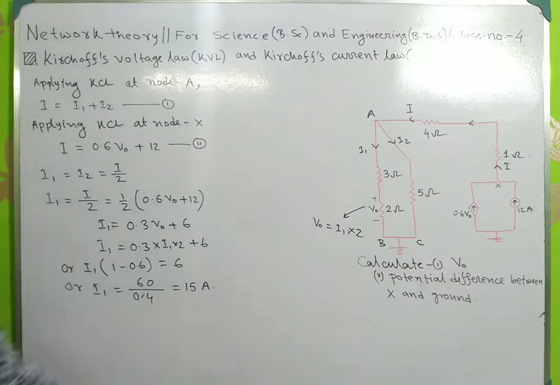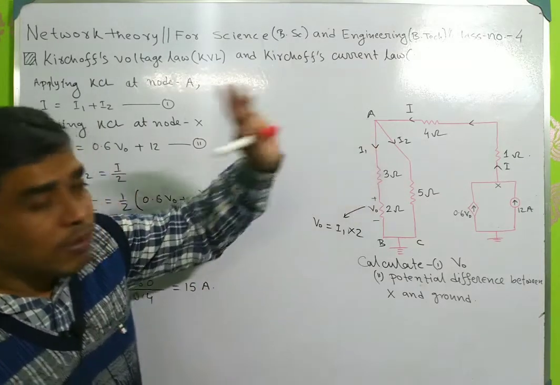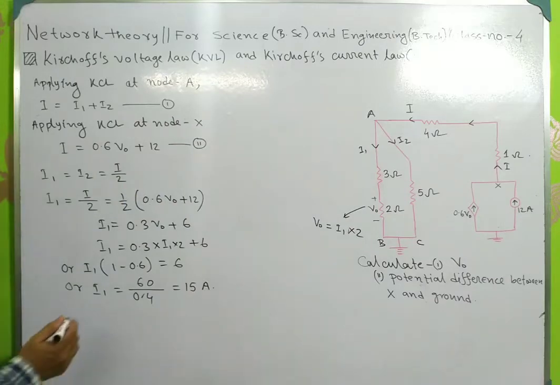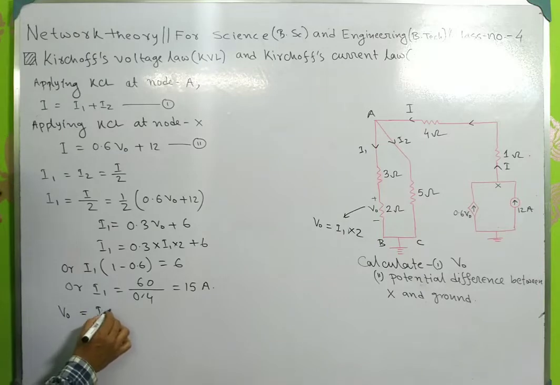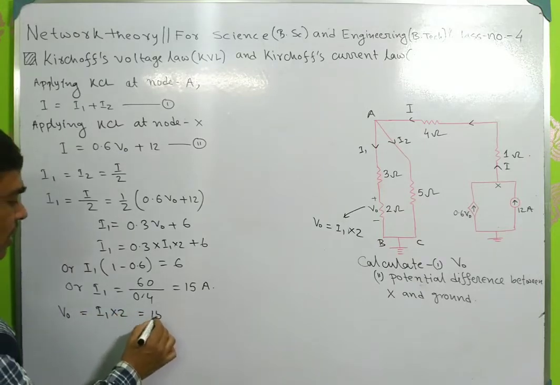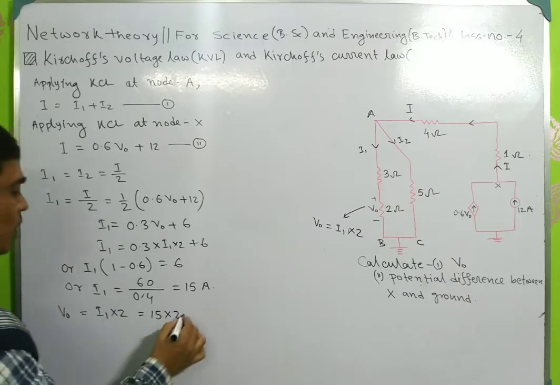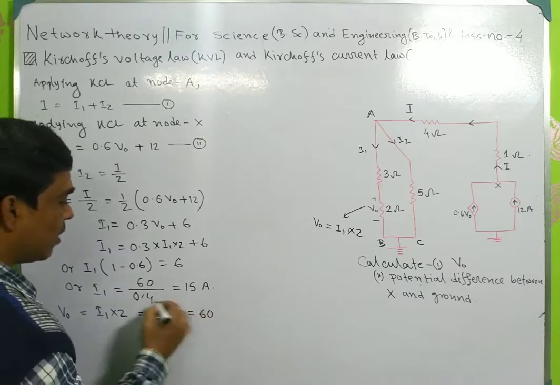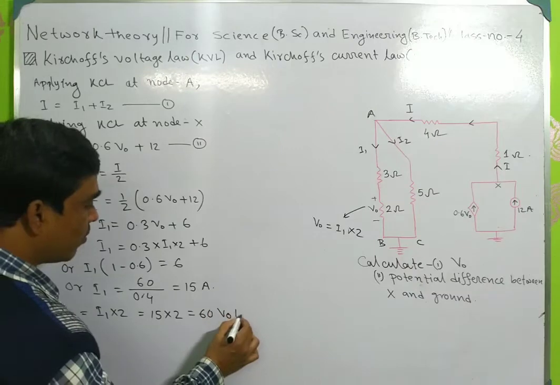Okay, so the current through this junction is 15 ampere. So V0 will be I1 multiplied by 2, so 15 multiplied by 2 equals 60 volt.